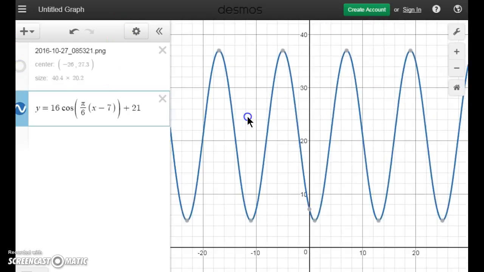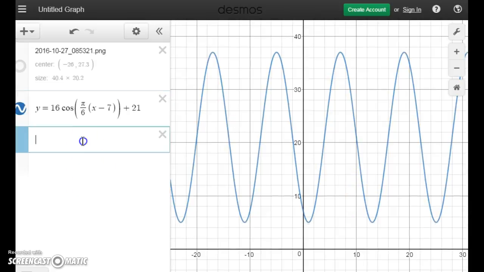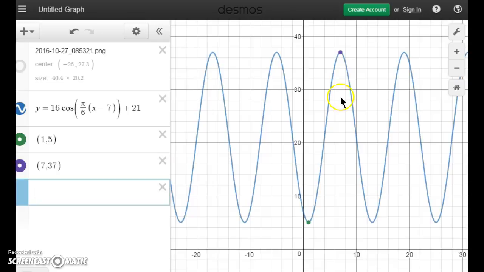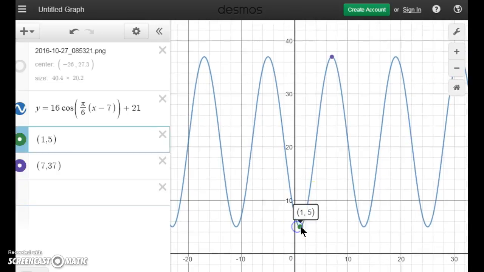And the question says I have a minimum when my X is 1, January, and that will be 5. Maximum when my month is July, and that will be 37. So as you can see, the equation that we have does pass through those 2 points. So that's a pretty good equation to model the sales for this ice cream shop.